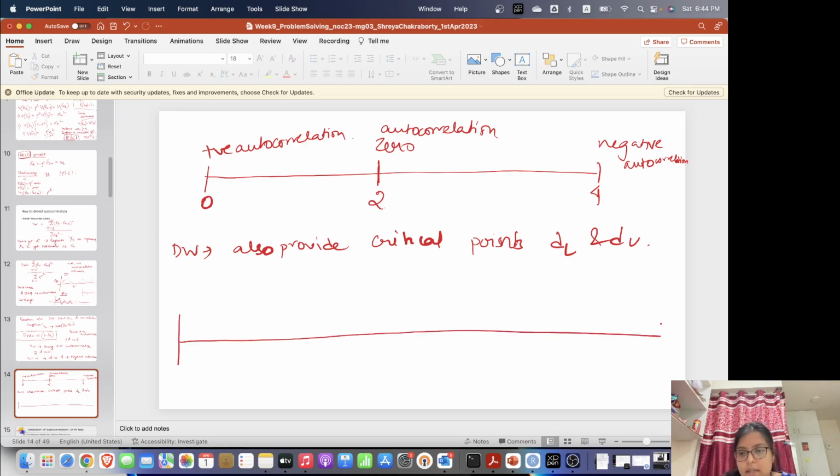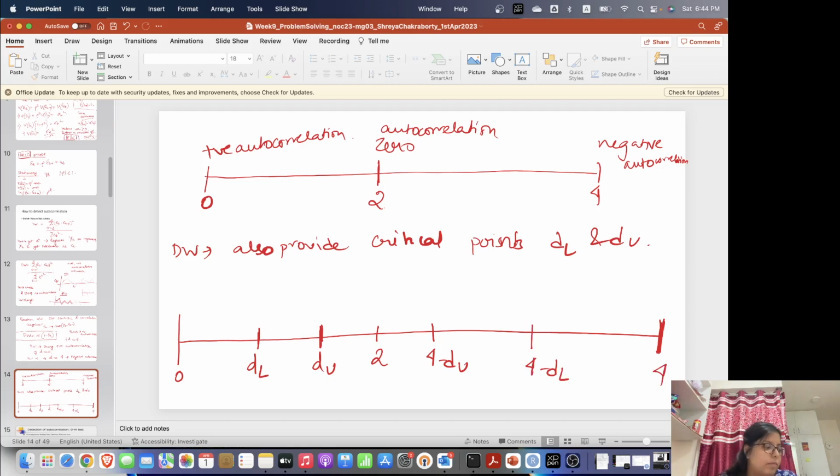Let's say this is my scale, this is 0, this is d_L, this is d_U, here somewhere we would have 2, this is 4 minus d_U, this will be 4 minus d_L, this is 4.